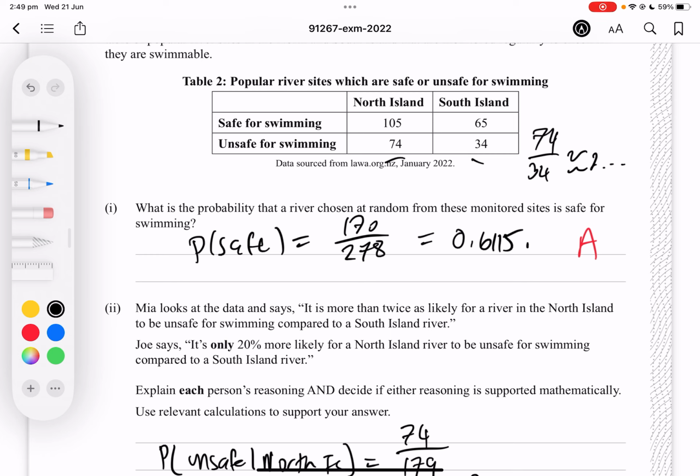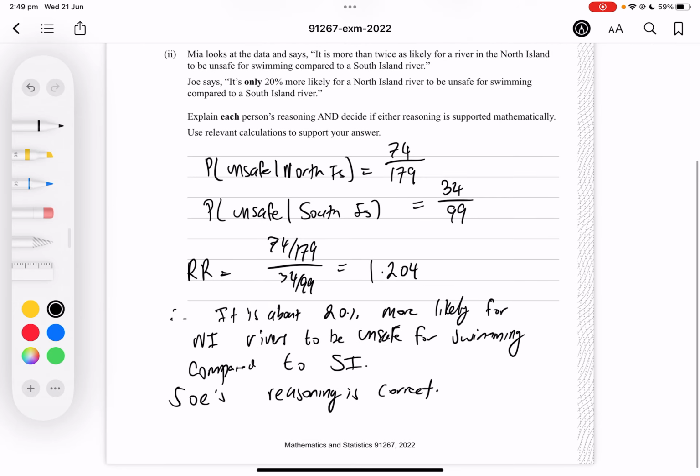If they're both the same, then in fact this is fine. But the fact that they're not the same means you cannot do this. So Mia's reasoning disregards the sample sizes, basically.